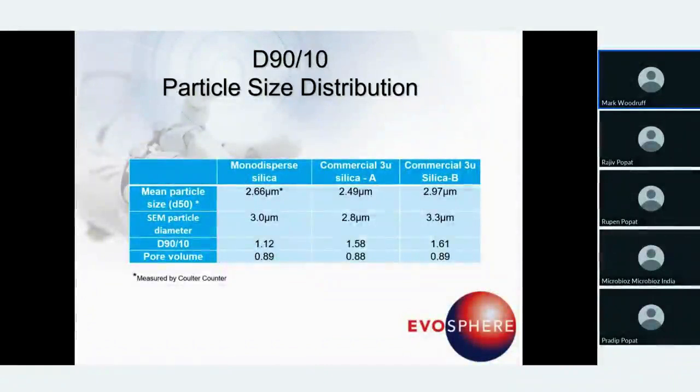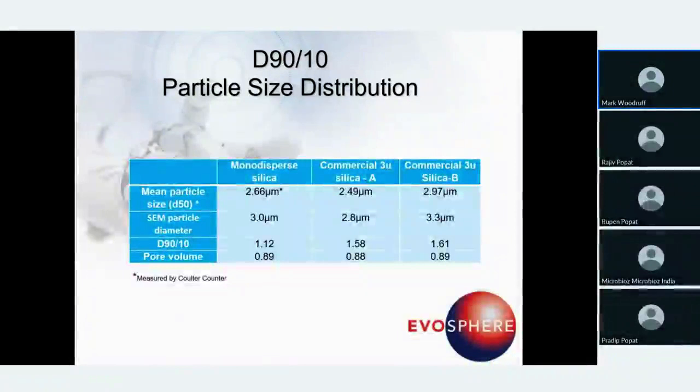So that's the spread between the largest particles and the smallest particles at 90% and 10%. And that gives us a value somewhere around 1.6. So that proves that there is this spread of particle sizes. The closer we get to 1, the more monodisperse our particles have become.